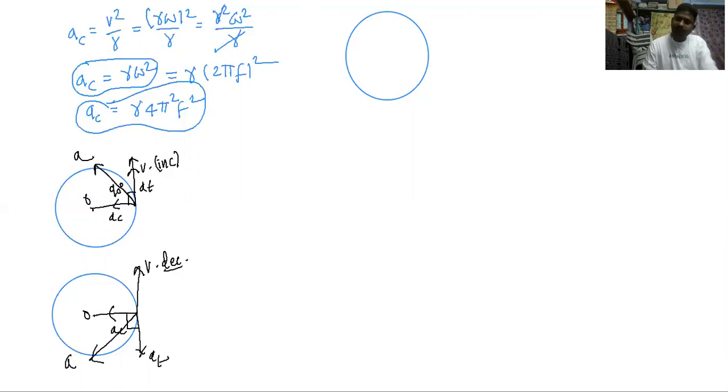So this is the uniform circular motion. This is the centripetal acceleration. Tangential acceleration is 0 in uniform circular motion, where velocity is constant. Okay, here velocity is increasing, tangential acceleration will be in the direction of velocity. Velocity is decreasing, but in all the cases, the particle is moving in this way only.